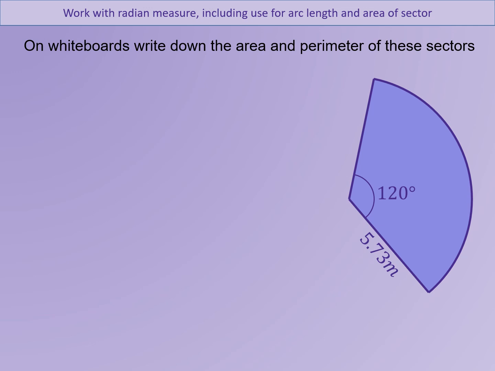So remembering that we know 2 pi radians is 360 degrees, dividing by 3 gives us 120 degrees, and 120 degrees is 2 pi over 3 radians. You could also have used the calculator function that we mentioned earlier to calculate this. So following this through gives us a perimeter of 23.5 meters and a sector area of 34.4 meters squared.